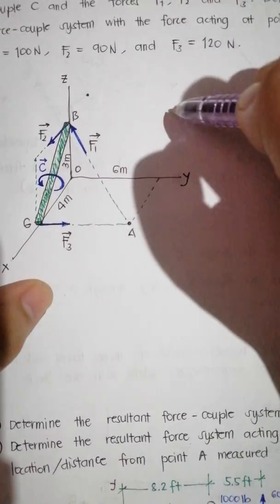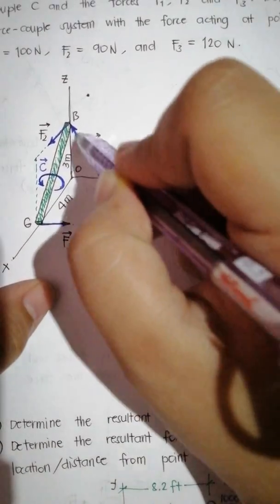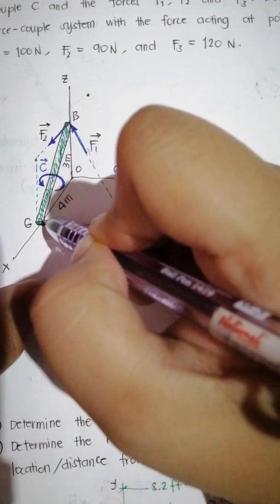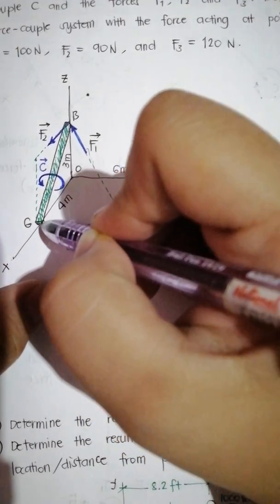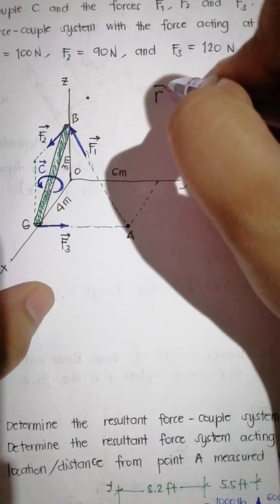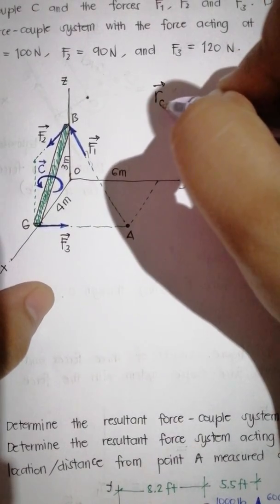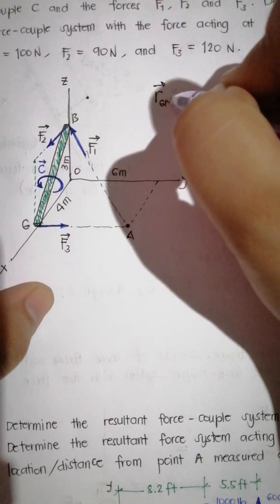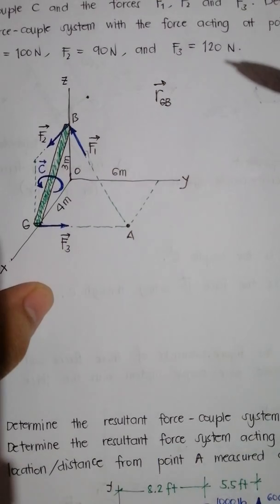So, what will happen since we are going to transfer F1 to point G? So, we may use our position vector r from the transfer point to any point of action of F1.